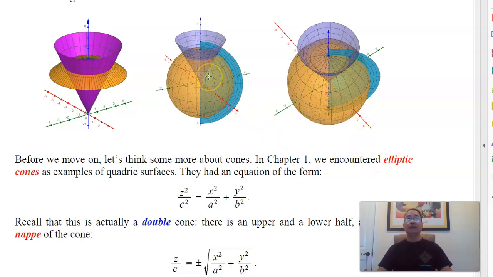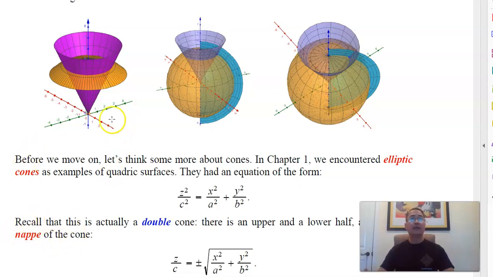Okay, now we produced a cone just a minute ago, but we also saw cones back in chapter 1. They were elliptic cones in general. And because we have z squared over c squared, they're actually double cones. I mentioned that one of the parts of the cone is called a nappe, N-A-P-P-E.